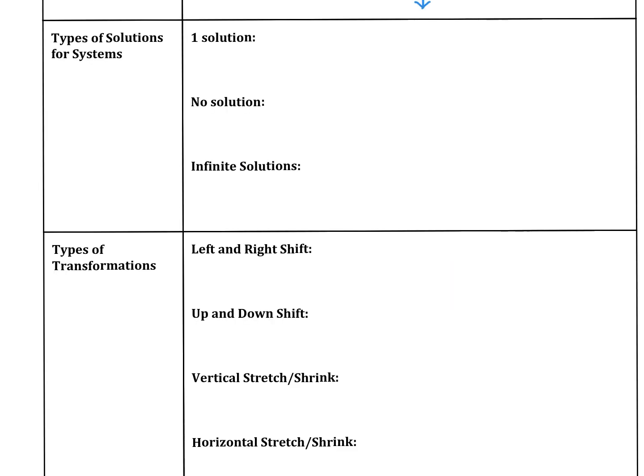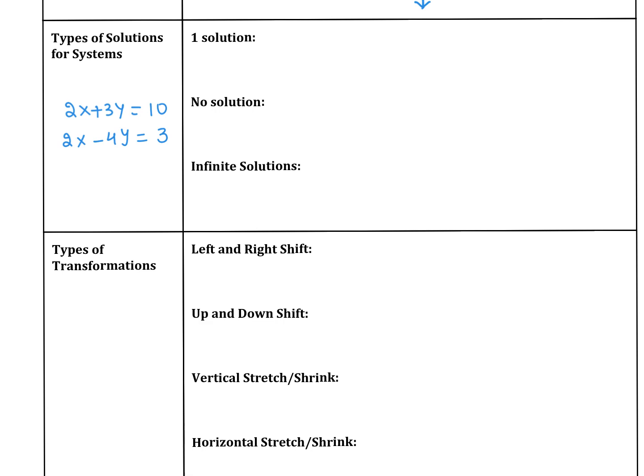Now we are going to discuss types of solutions for systems of equations. A system of equations, if you remember, is two equations where you eliminate or cancel one of the variables and solve for the other variable.